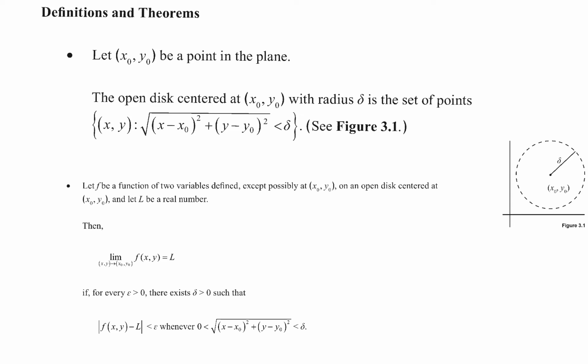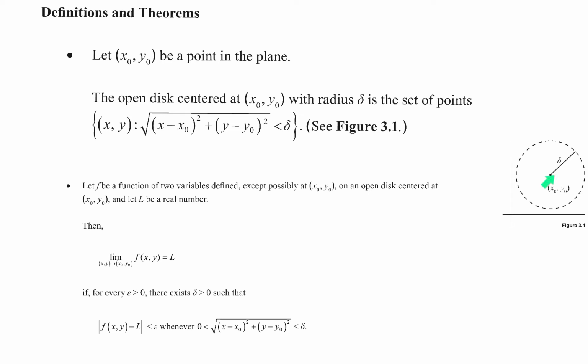Inside the disk there are many points x, y. And for all these points, the distance from the center to the point inside the disk is less than the radius. So it is the interior of the disk. It's strictly the interior of the disk. That is why we are talking about an open disk.